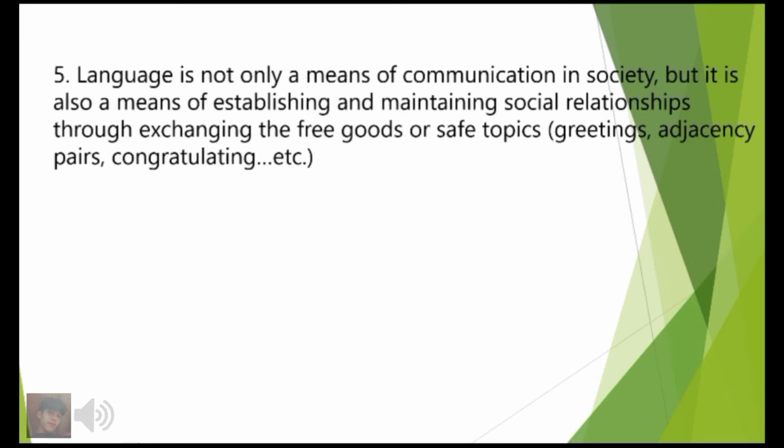Lastly, we need to study the relationship between language and society, because language is not only a means of communication in society, but it also means establishing and maintaining social relationships through exchanging free goods or safe topics.